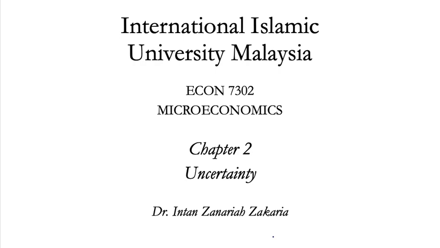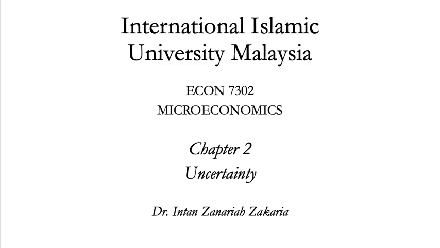Let's continue with the next chapter, chapter 2, and this is still under consumer theory, but this time we're talking about uncertainty in consumer theory. All this while, when we talk about consumer preference, we have seen that all the consumer preference discussed in the previous videos, video number 1 and also 2, shows that each outcome is realized with certainty.